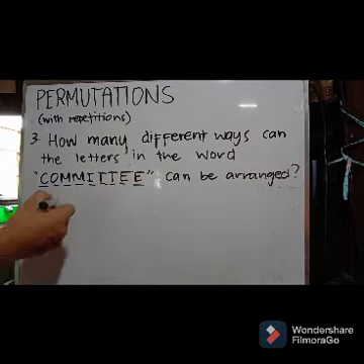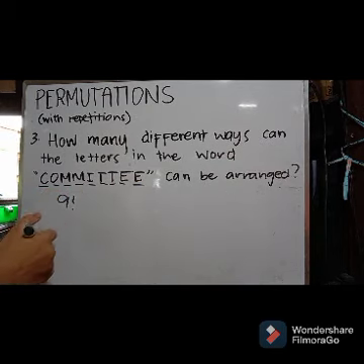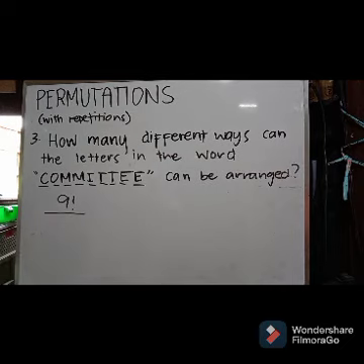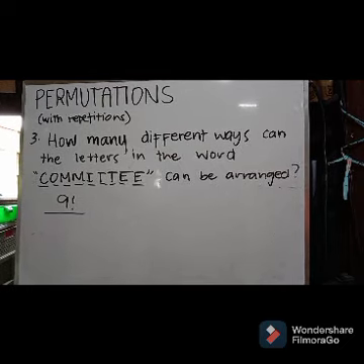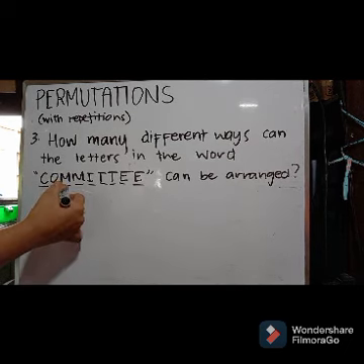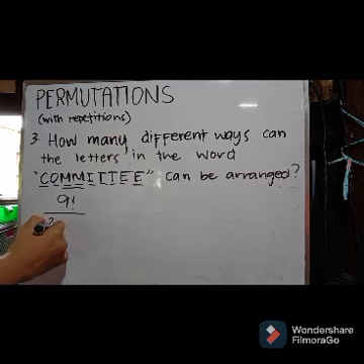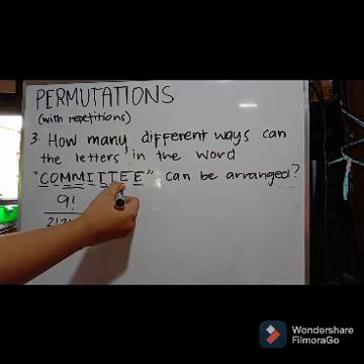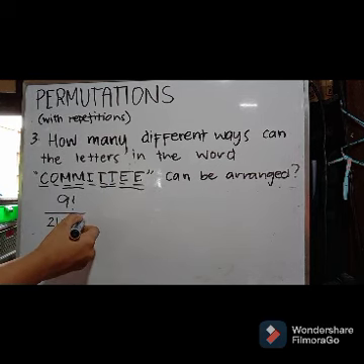So we write 9 factorial because there are 9 letters, and using the permutation with repetition, we divide it by the letters that have the same characters. For example, the M. There are 2 M's, so divide by 2 factorial. And there are 2 T's, so 2 factorial, and 2 E's, so 2 factorial.